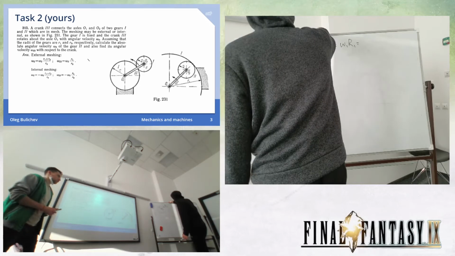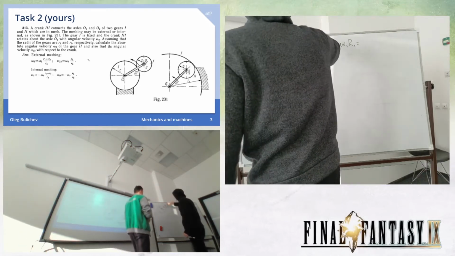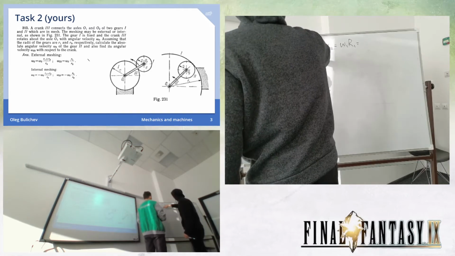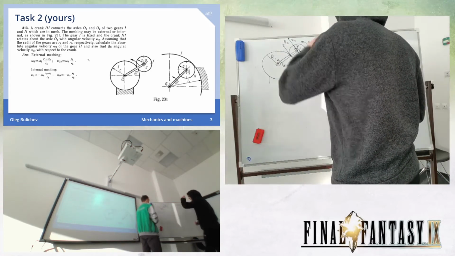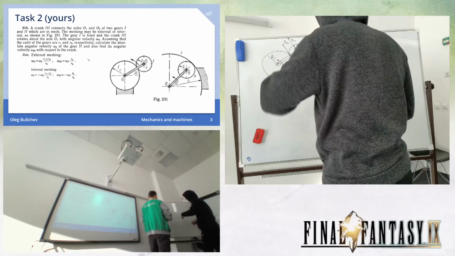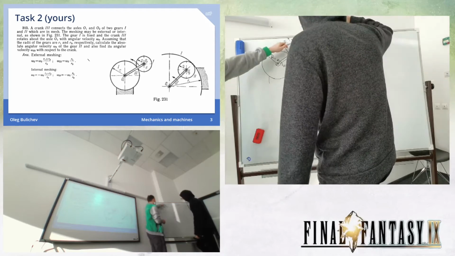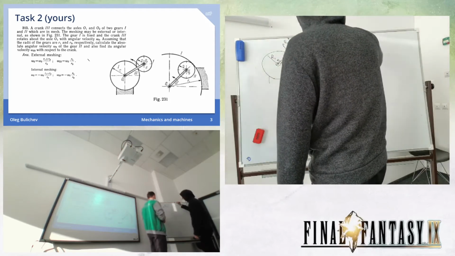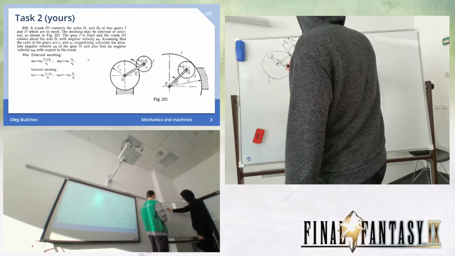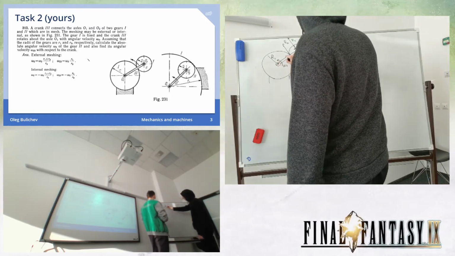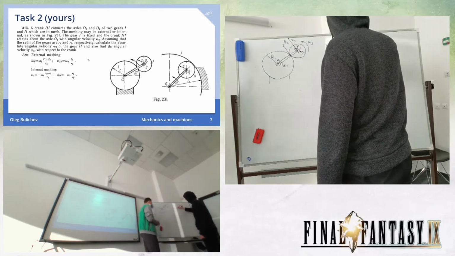So you can solve it using two manners. First, the instantaneous center of velocity, or we can fix the crank. Real men don't fix cranks. So in this case, how to find V2? We know omega 1, so V12 is omega 1 multiplied by R1 plus R2.